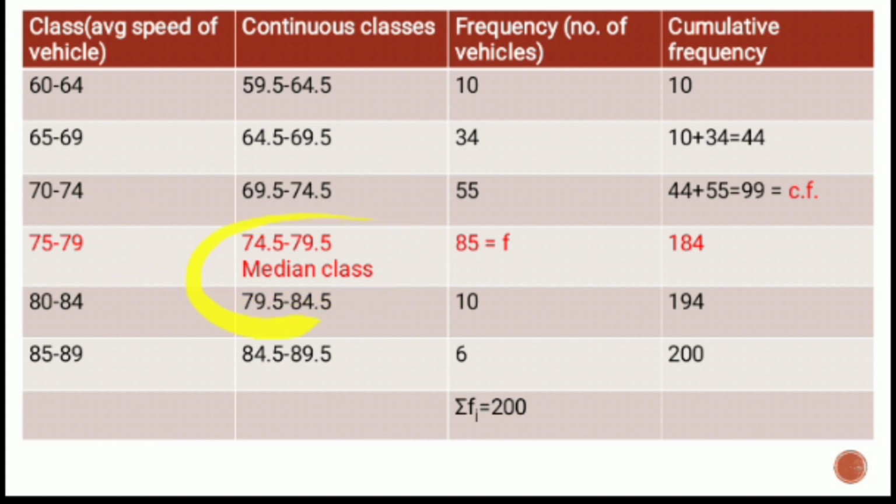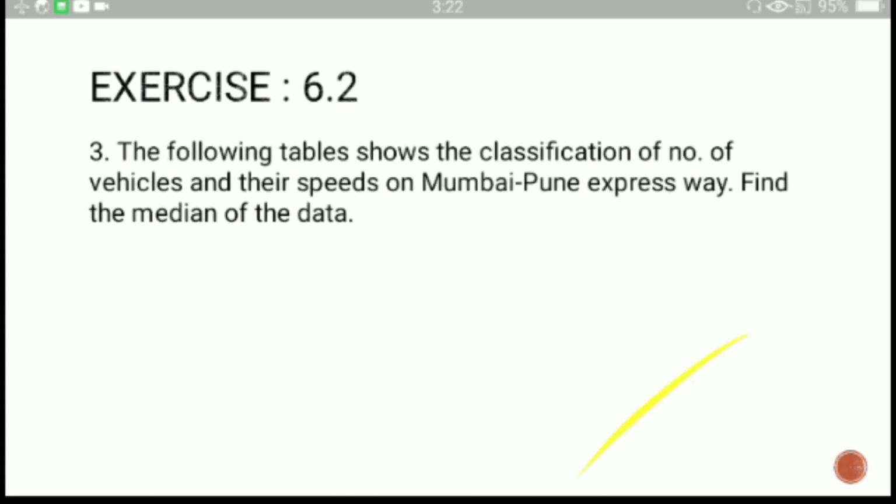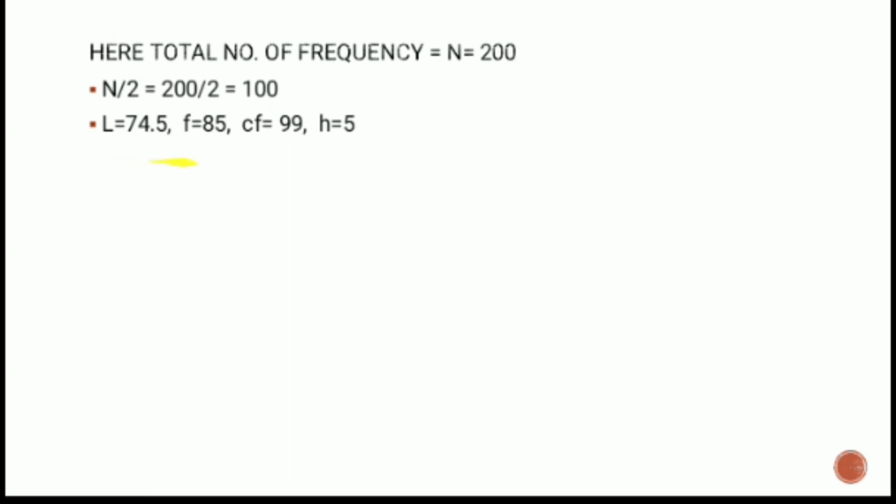You will consider 74.5 as your lower class limit, because you have changed your classes into continuous classes. So L is 74.5, F is 85, CF is 99, and H will be 5. H means the interval between the classes.